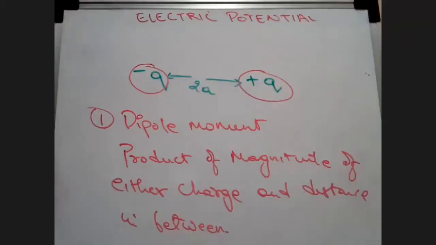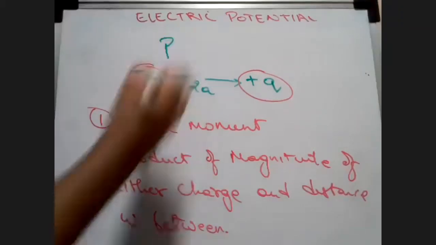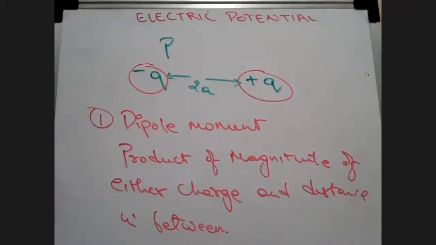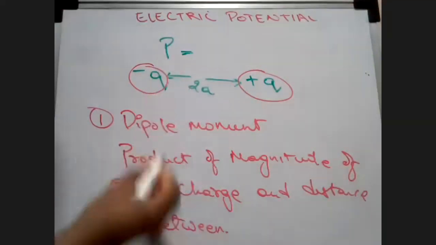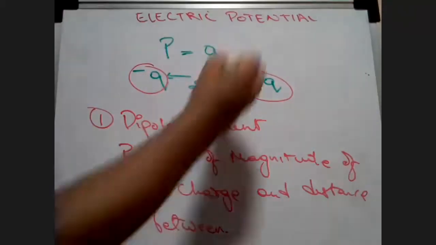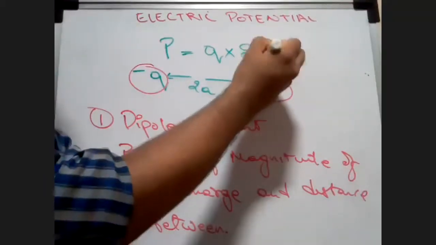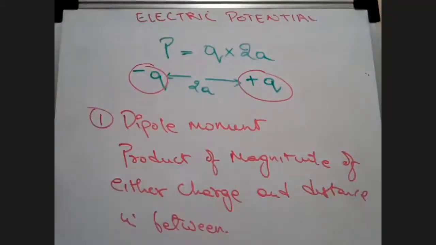Also, the important thing is, dipole moment is designated by the symbol P. It is equal to the magnitude of one of the charges, let's take Q, multiplied by the distance in between them, that is 2a. Now this is very important.